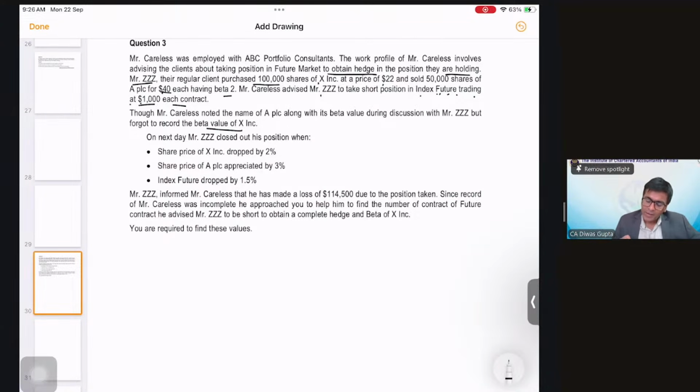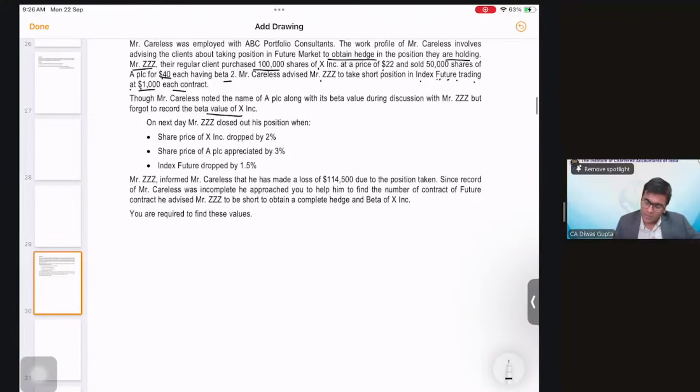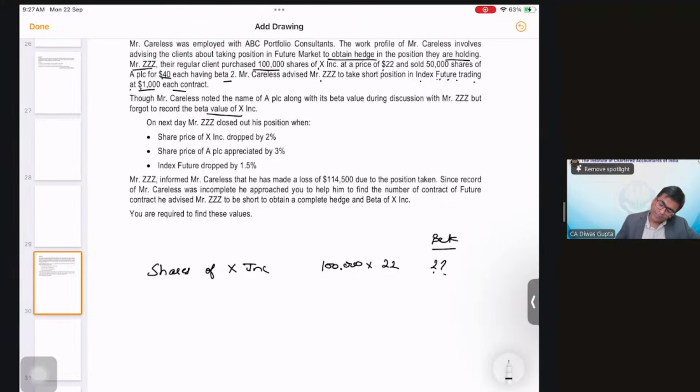Now there are 3 elements involved, right? There are 3 things involved. One is the shares of X Inc., and that too, 1 lakh shares at the rate of 22. Beta is not known here. Okay, this is the price, this is the quantity. Then shares of APLC.